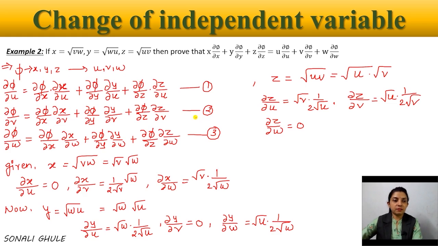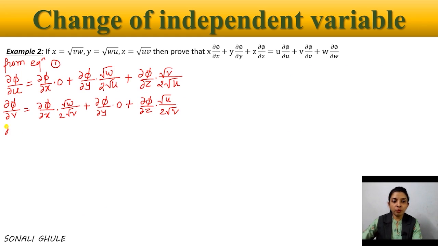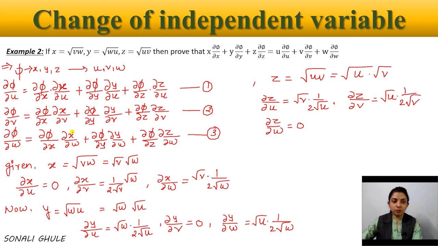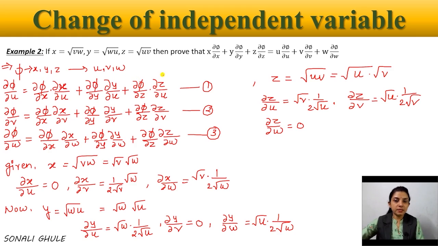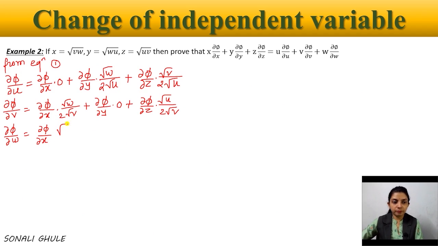Now the last value we have to write, that is dou phi by dou w. So what I get here from equation 3, dou phi by dou w is equal to, yes, phi with respect to x, x with respect to w. So x with respect to w here, this is the value, this we have to write. It is root v upon 2 root w plus.